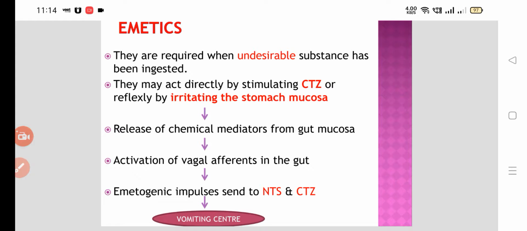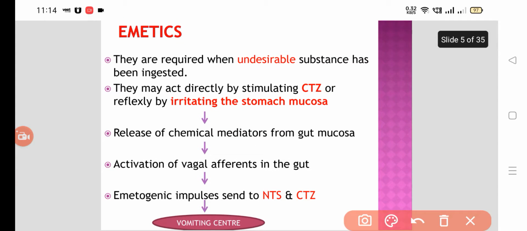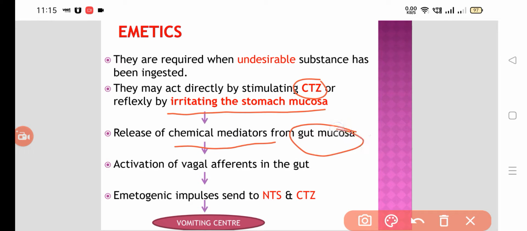They may act directly by stimulating the chemoreceptor trigger zone, the CTZ, or by reflexly irritating the stomach mucosa, so that there is a release of chemical mediators from the gut mucosa. They activate the vagal afferents in the gut, which send emetogenic impulses to the nucleus tractus solitarius and chemoreceptor trigger zone.